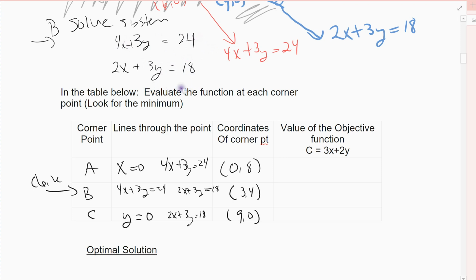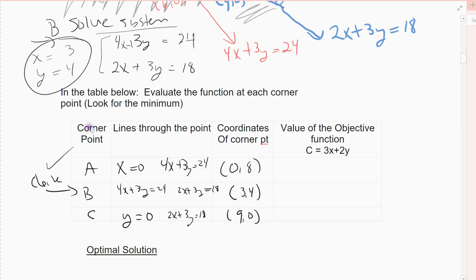You could do that by graphing it, or plug it into your matrix, which is probably what I would do. If you plug it into the matrix, you do find that x equals 3, y equals 4 when you solve the system. So it does check.